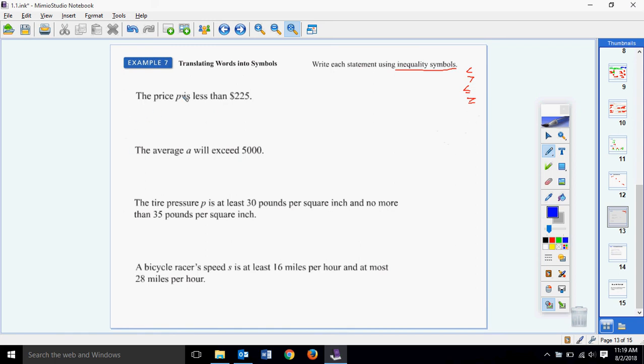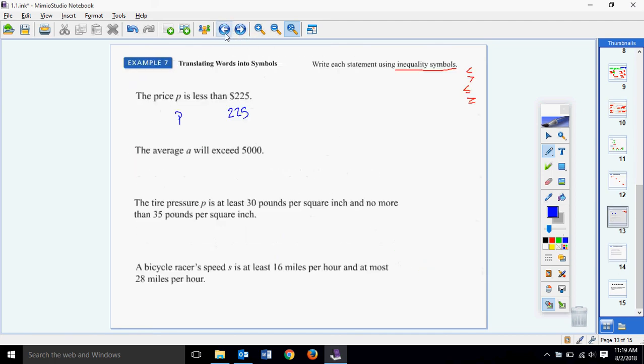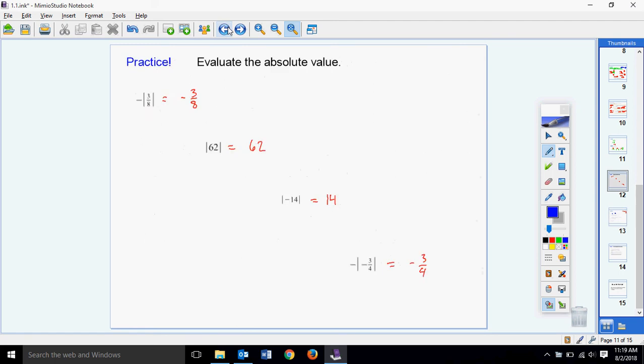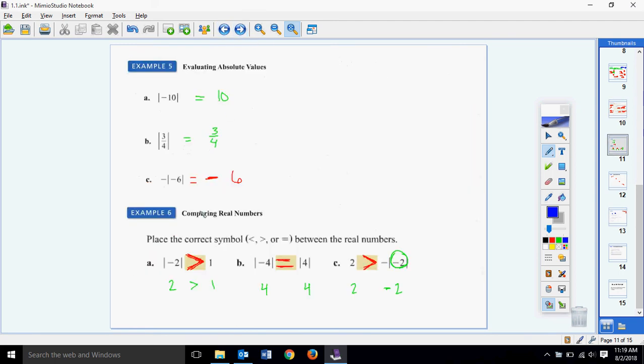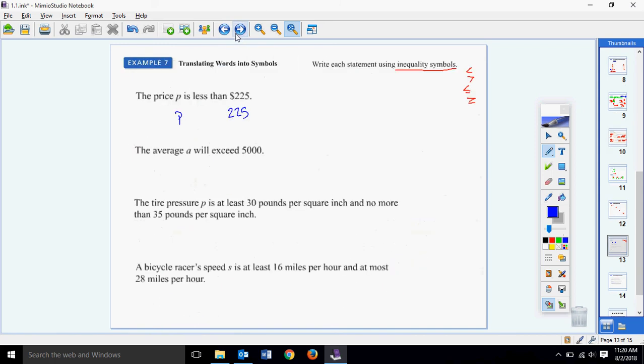So the first one says the price P, our variable, is less than $225. All right, so I know I have P. I know I have 225. We want it to look like an inequality, such as these examples, except instead of 2 numbers, I'm going to have a variable and a number.